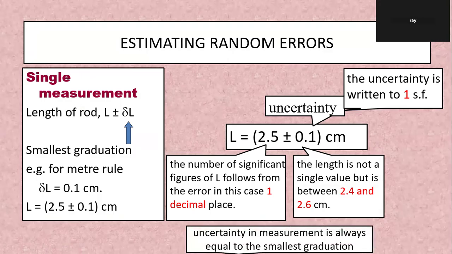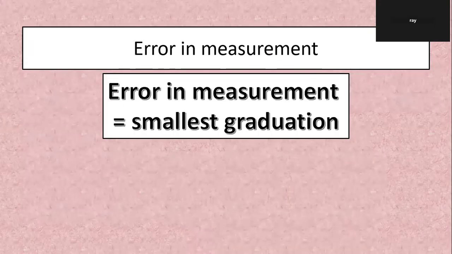So the uncertainty in a measurement is equal to the smallest graduation, the smallest reading the apparatus can read, meaning the smallest division. If it's one reading, then you divide by 2. But if it's a measurement, then you just take the smallest graduation. When do you divide by 2? Divide by 2 if it's an initial reading and a final reading.